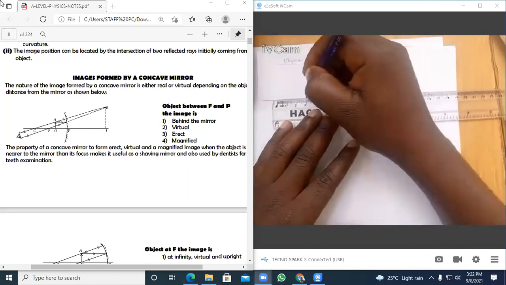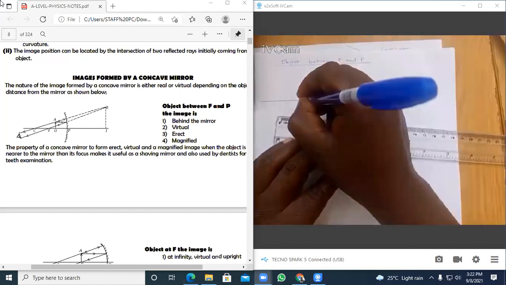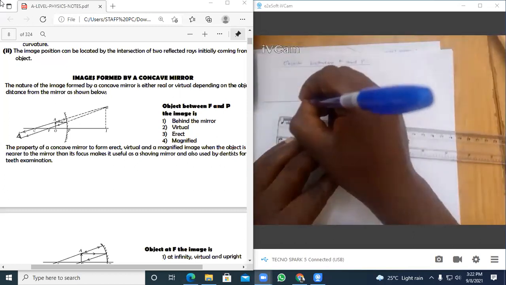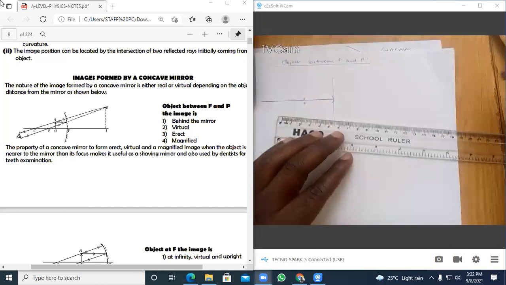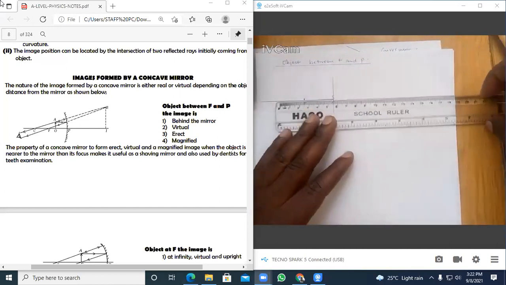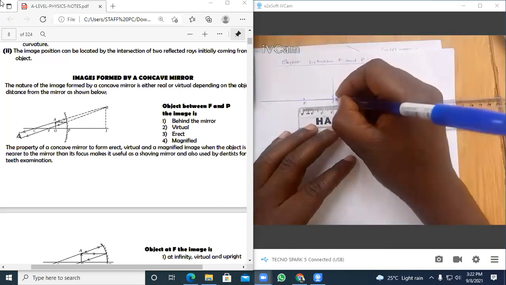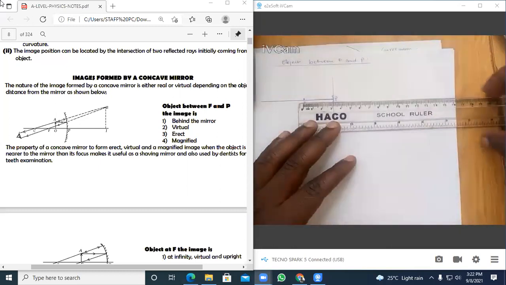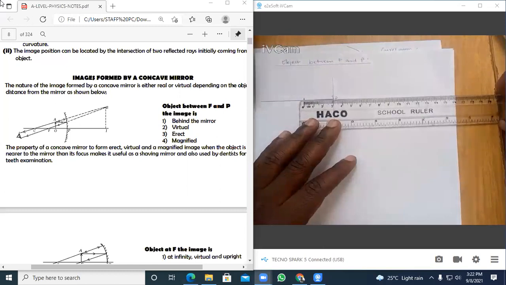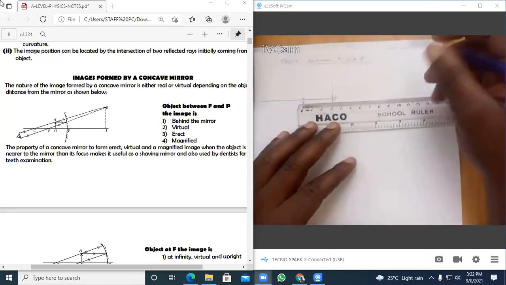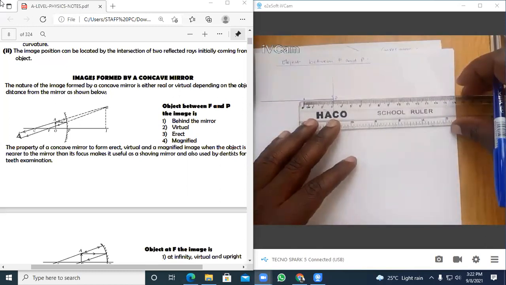So if this is my point F, the principal focus, and this is 3 centimeters, okay, Stephen, what should be the distance from the pole to the center of curvature, if this is 3 centimeters? What should be the distance from the pole to the center of curvature?